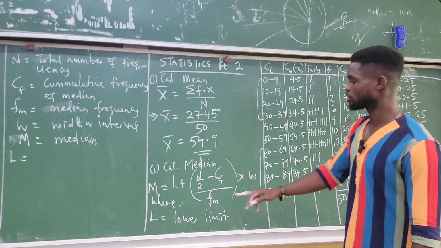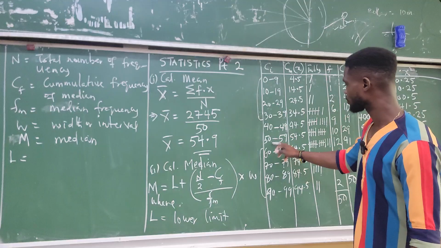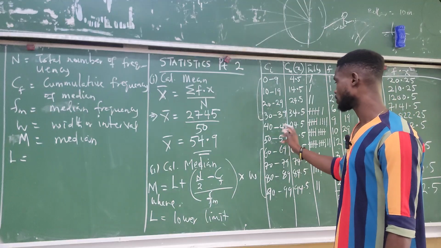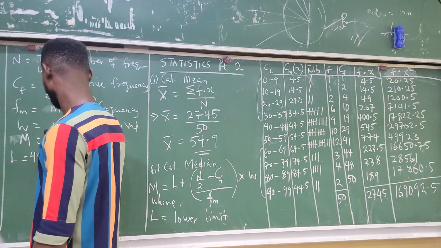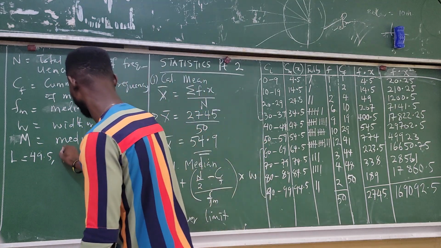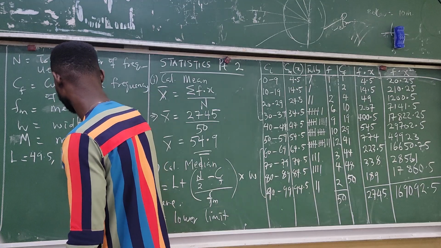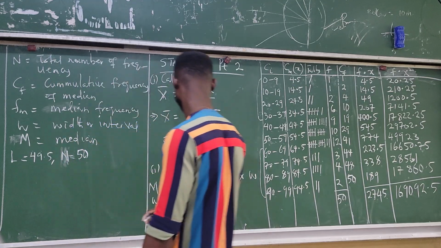But since our L is the lower limit, this is the lower limit, 49.5. So our lower limit is 49.5. Our n, we all know, is 50.